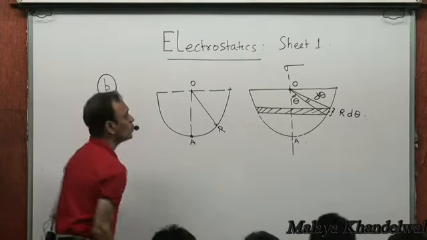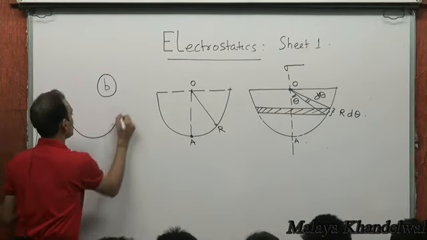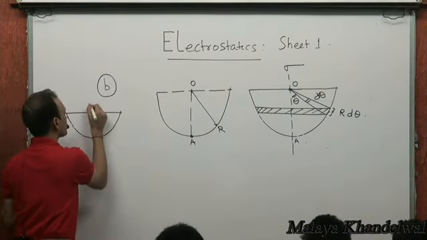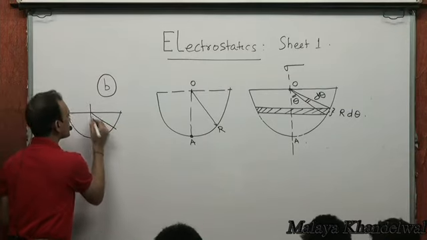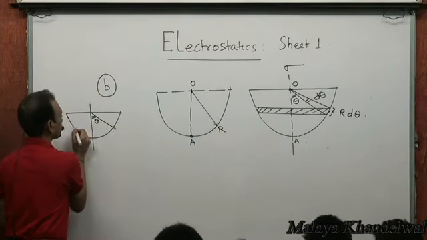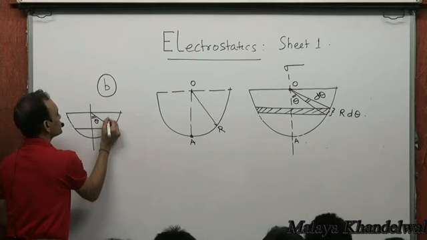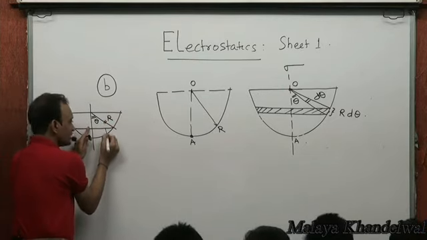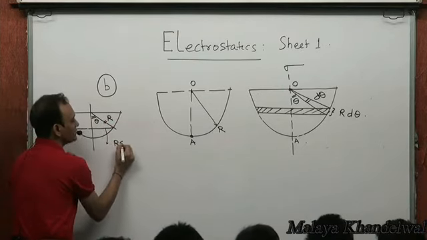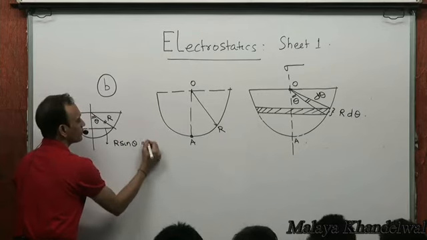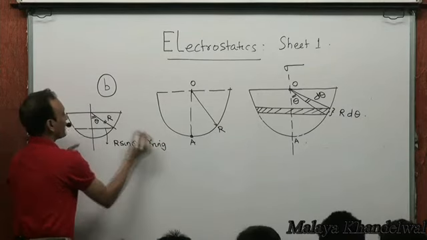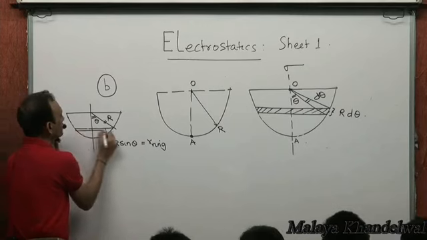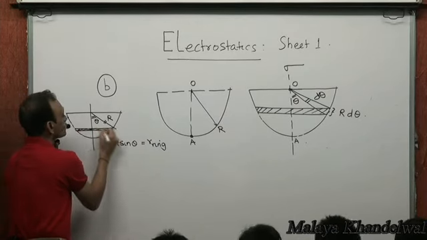Also, if there is a ring selected at an angle theta, and the radius of the hemisphere is r, the radius of the ring is going to be r sine theta. Yes or no?